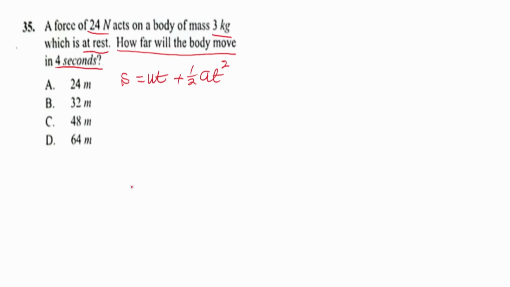From this equation, we are solving for displacement, which is the distance traveled in a specific direction. We know u, the initial velocity, is 0 because the body is at rest. We know the time, which is 4 seconds, but we don't know acceleration. So we need to use the force equation to solve for acceleration.